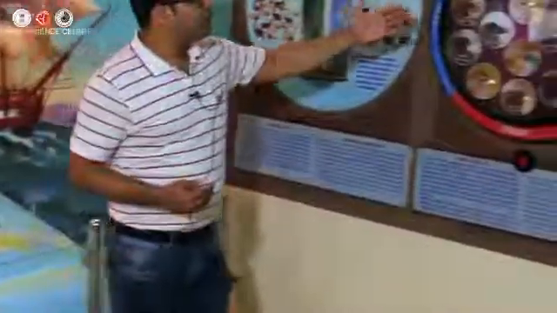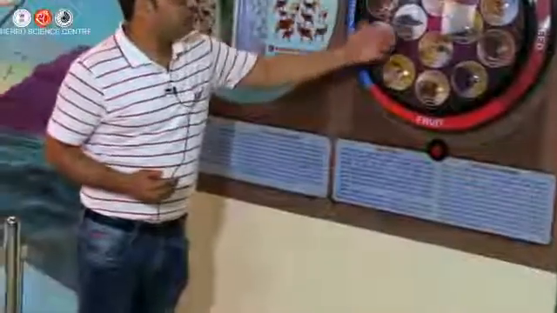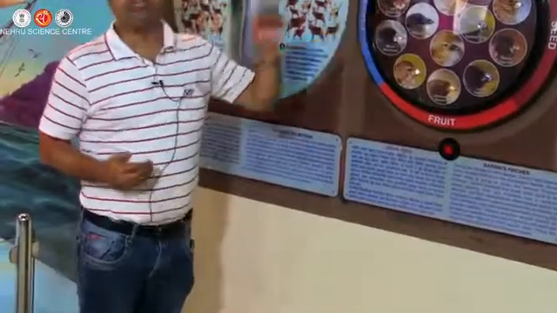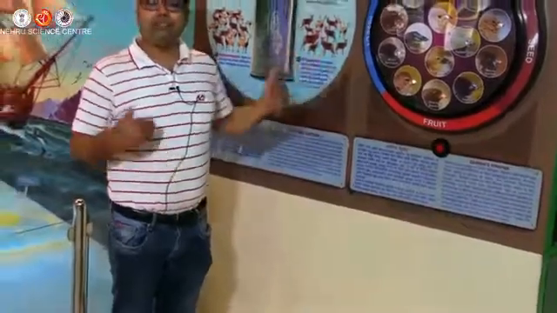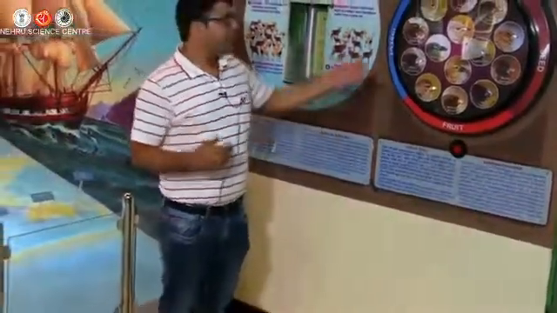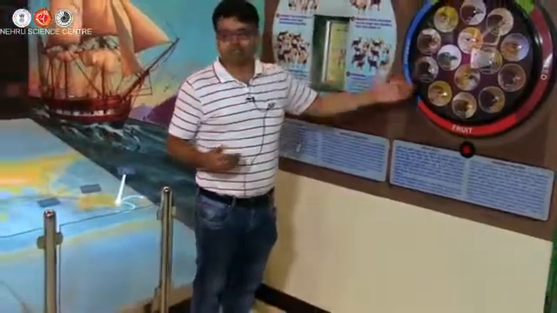We call them the Darwin finches, and he observed many finches which had different shapes of beaks. So he wanted to reach a conclusion about why the shapes of these beaks are different from others.